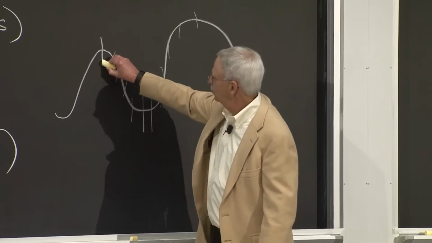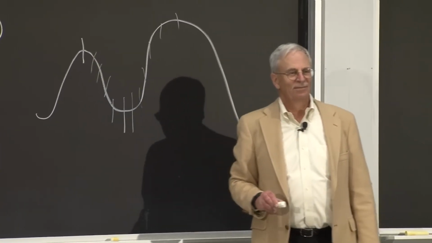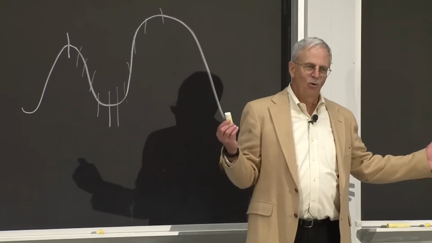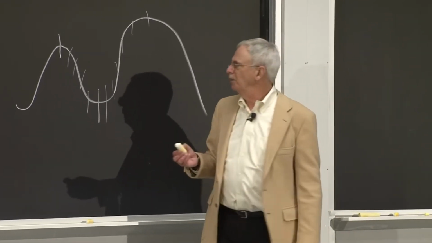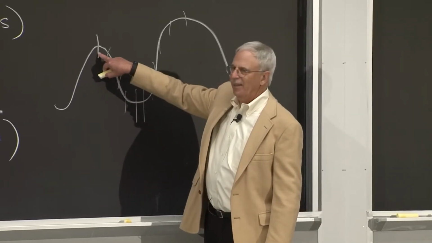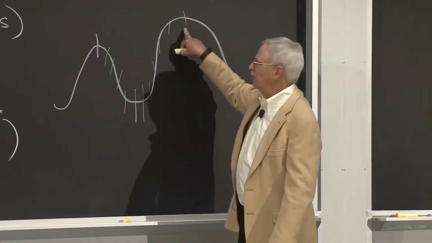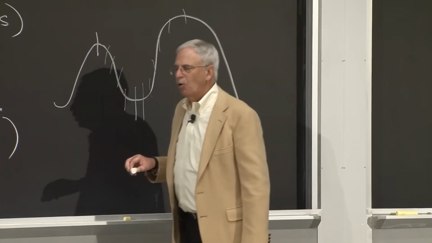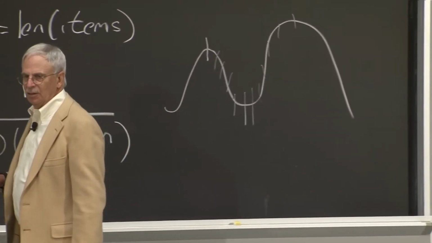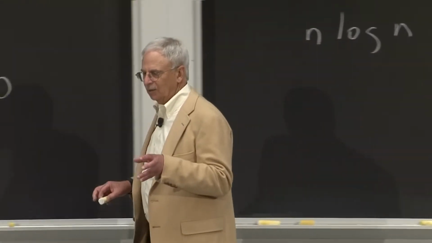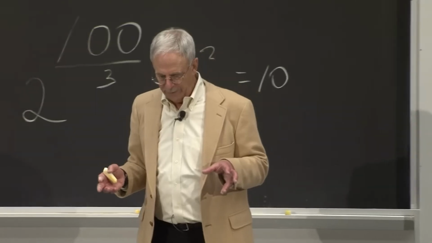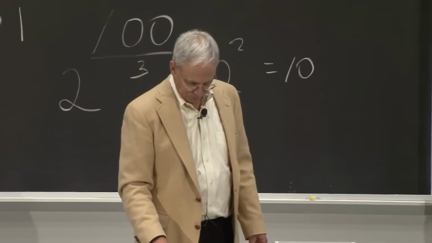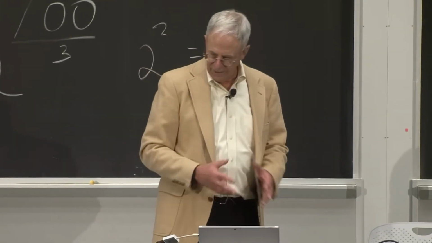I'd get to here, and I'd stop and say, OK, no way to go but down. I don't want to go down. I'm done. And what I would find is I'm at a local maximum rather than a global maximum. And that's the problem with greedy algorithms, that you can get stuck at a local optimal point and not get to the best one.